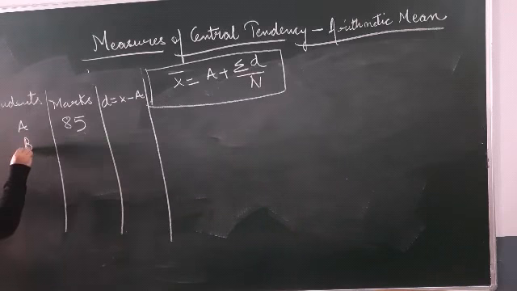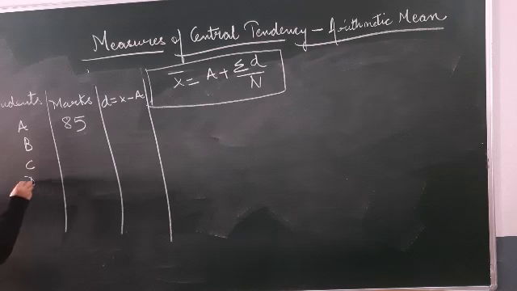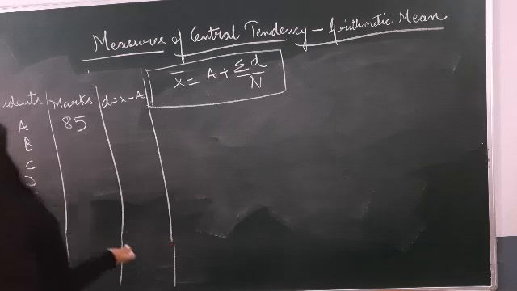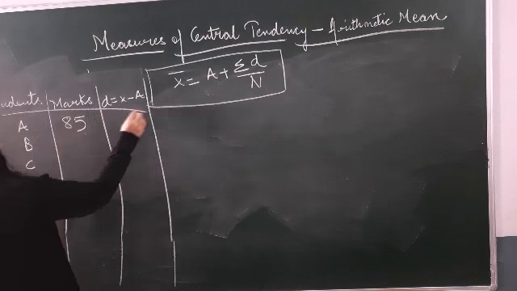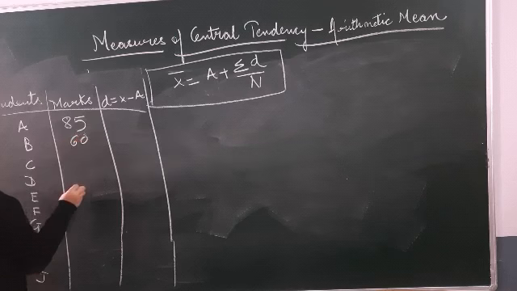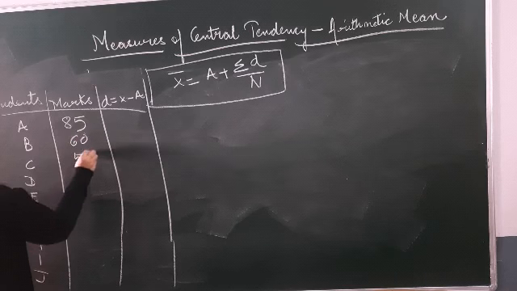So A, B, C, D, E, F, G, H, I, J. Up to J, right? Yes, sir. Then what is the marks of B? 60. C? 50. 75.